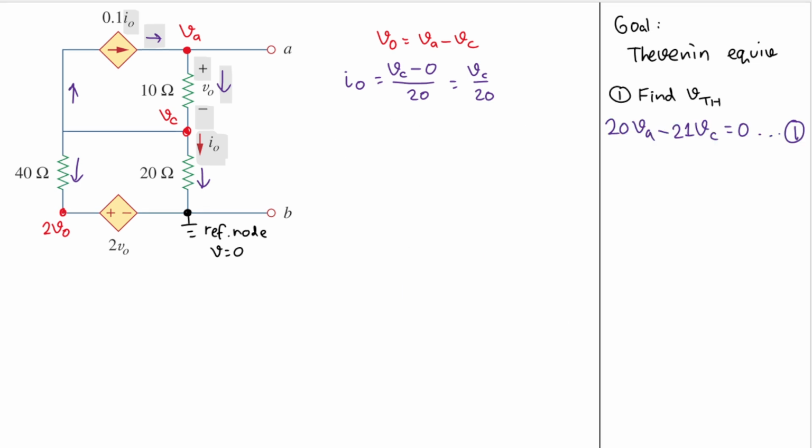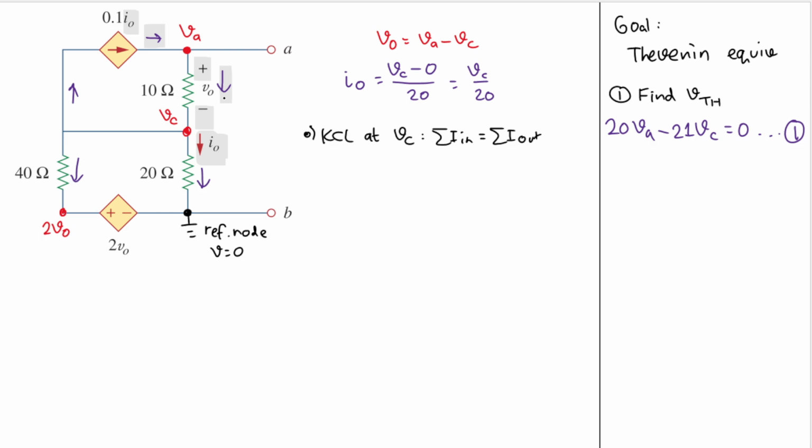Now let's do another KCL, but this time at node VC. KCL says that the sum of the currents going in equals the sum of the currents going out.